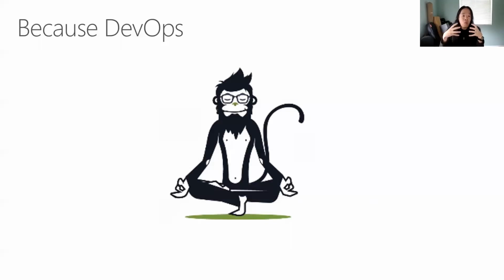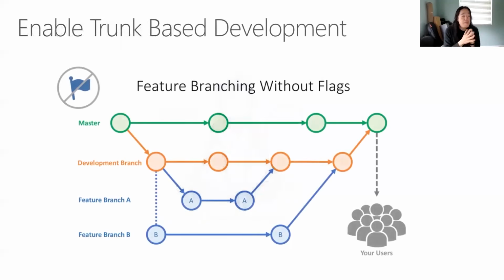So what do feature flags do that helps enable us to move at speed? One of the biggest things that it does is it helps enable trunk-based development. So what you see in the picture right now is a slide of a typical branching scheme when you don't have feature flags and you have long-running branches.